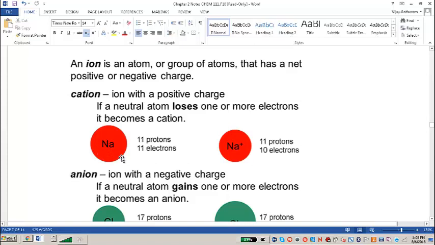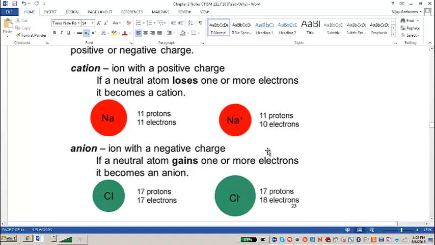Notice the sodium has this diameter, this atomic size or atomic radius. Na plus is smaller. Why do you think it's smaller? Because it's lost an electron. It's lost that electron density. That orbital is no longer housed by an electron. So, yeah, the atomic size is going to be smaller.